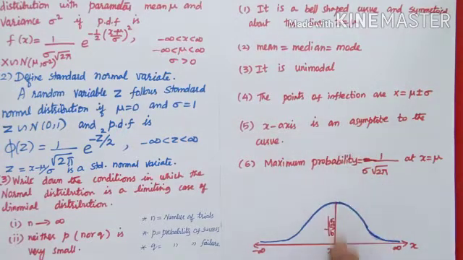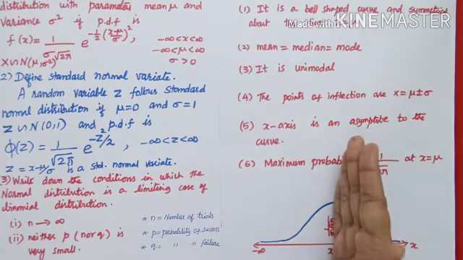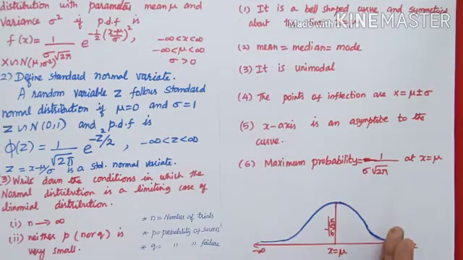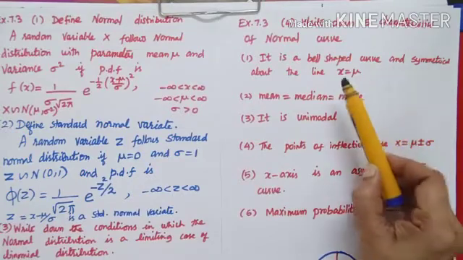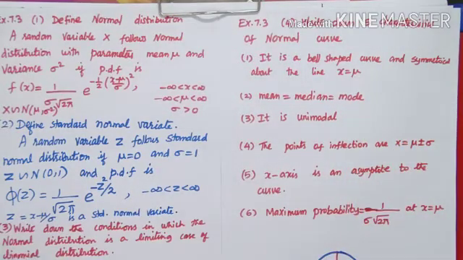So the curve is symmetrical about the line x is equal to mu, and at this line I can divide the curve into 2 equal parts.